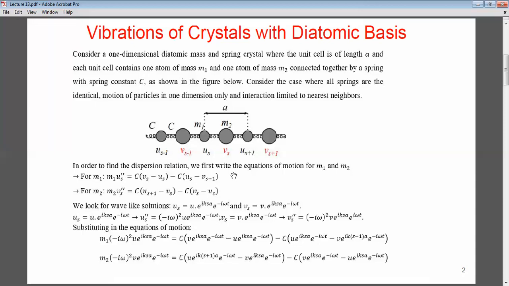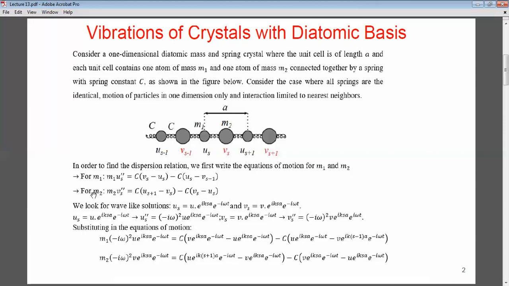It is exactly the same, but here the atoms affecting U_s are not U_{s+1} and U_{s-1}. They are V_s and V_{s-1}. And this is why we get this equation. Now, for V_s, it is very similar. We have M2 V_s'' equals C(U_{s+1} - V_s) - C(V_s - U_s). It is affected by the two atoms U_{s+1} and U_s.